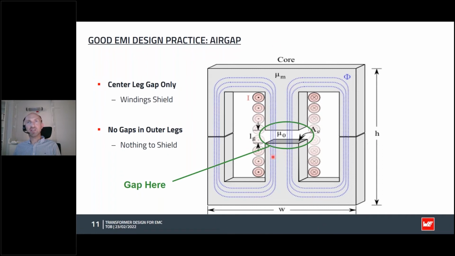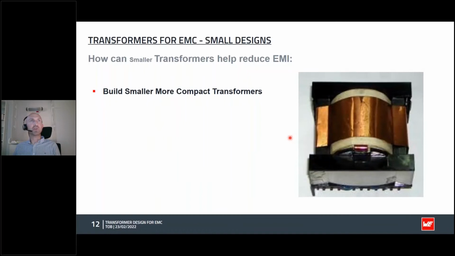This fringing flux is farther away from all the surrounding circuitry, and also we have all the windings which kind of shield it from the external circuitry as well. And so for EMC purposes, this internal center leg gap is by far the best approach when you need an air gap in your transformer.